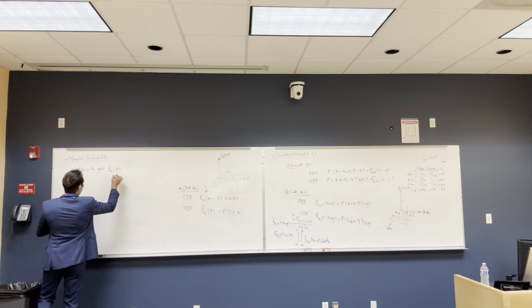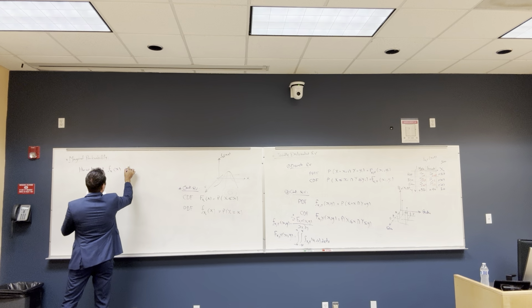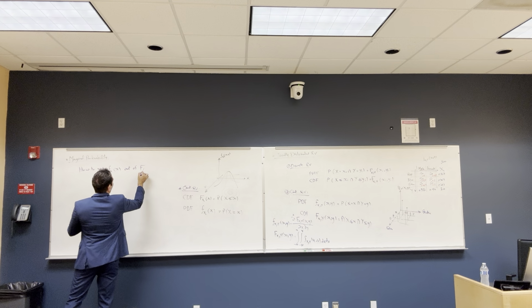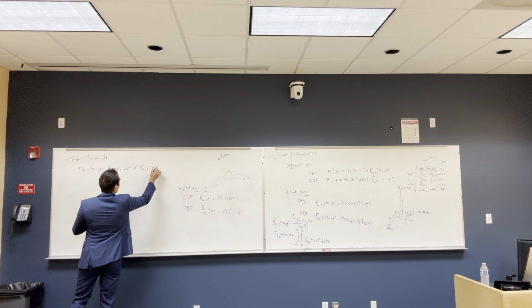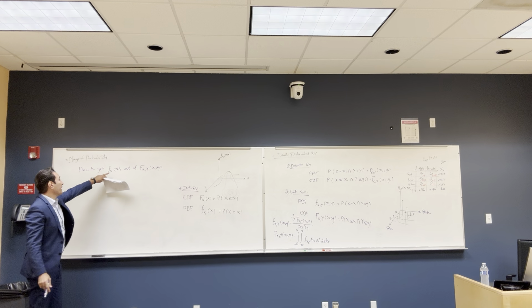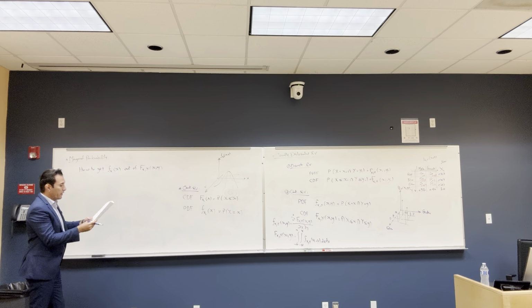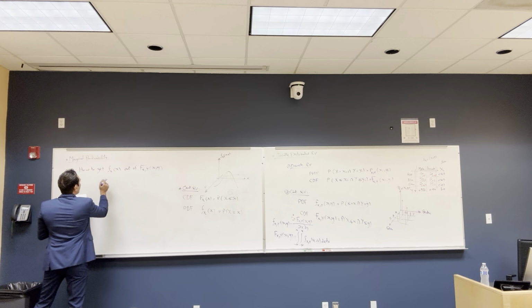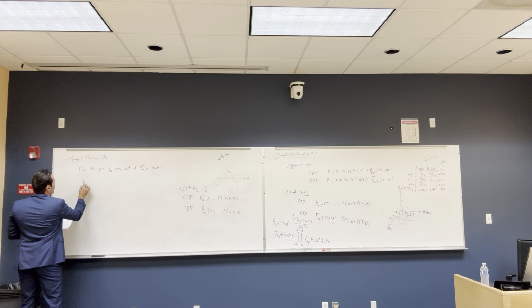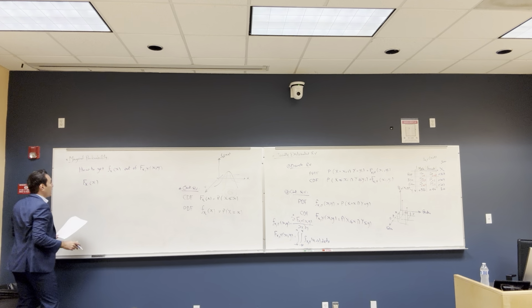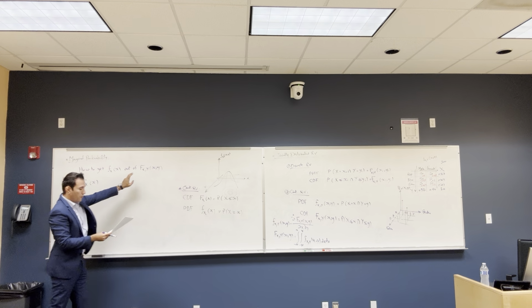You want to find out how to get f(x) of x out of f(x, y) of x and y. How can I get this out of this? So basically, we need to find the CDF first, F(x) of x. How can I find this from this?